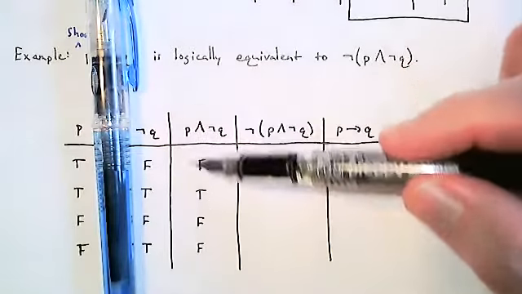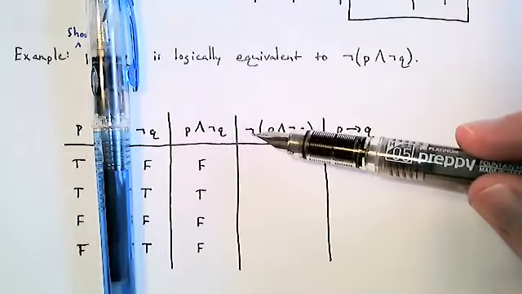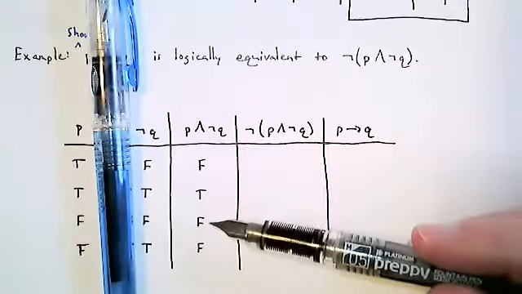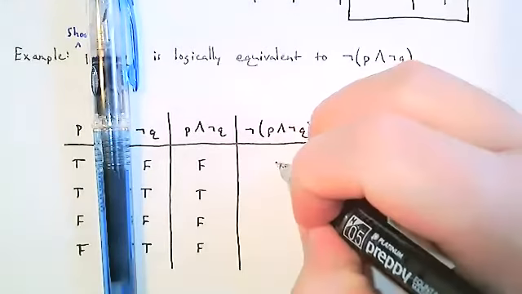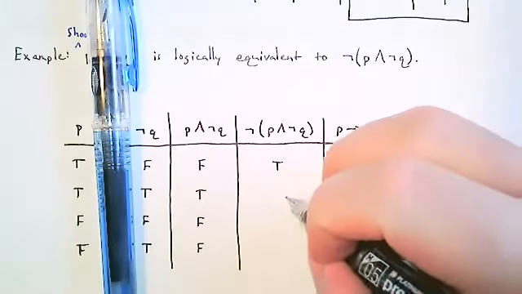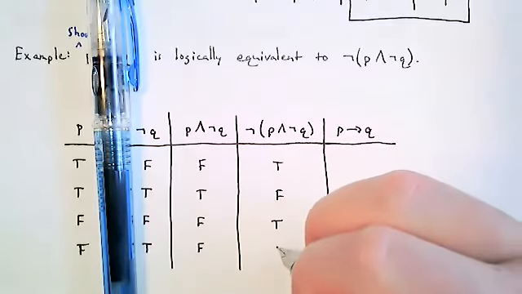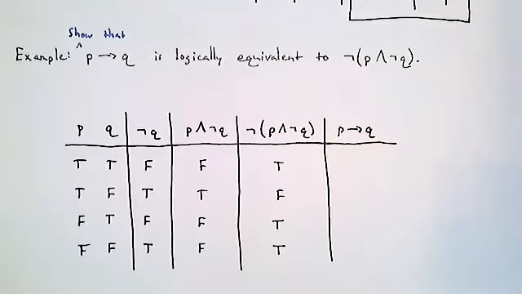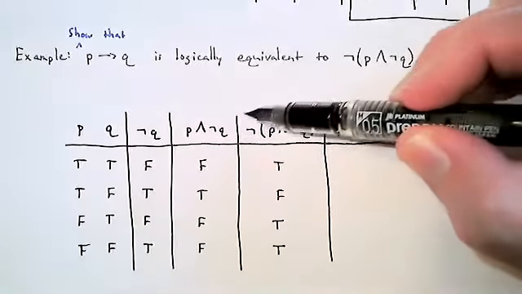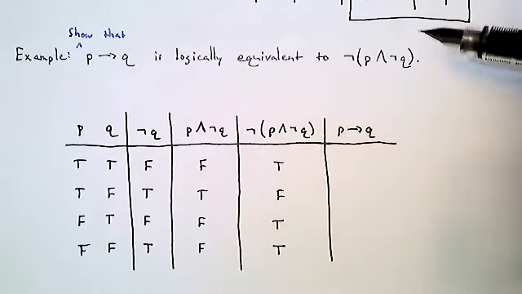Okay, so we take this column and we put a negation symbol on it. That means we take all of these truth values and switch them. False becomes true, true becomes false. Okay, so we built up this proposition.